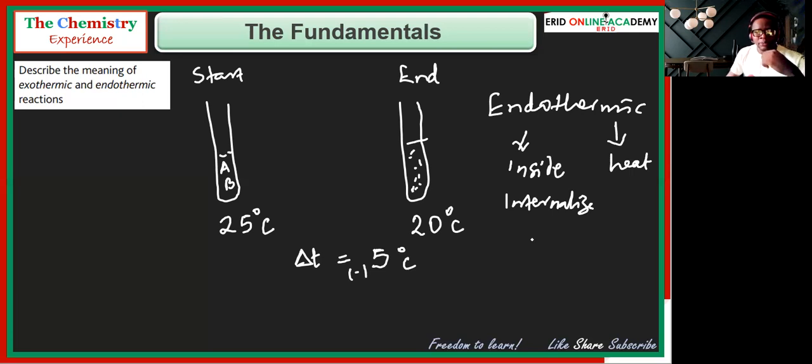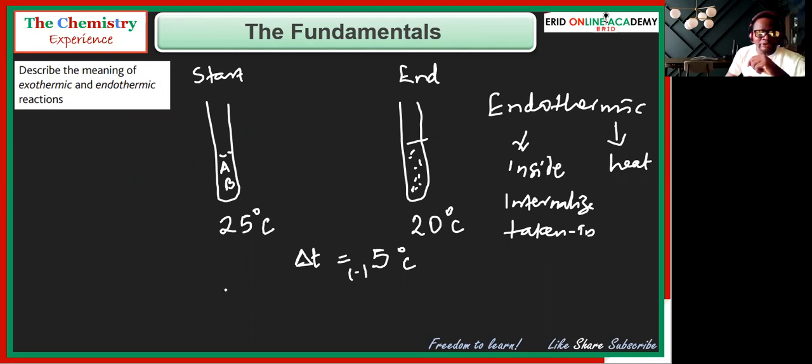So when heat energy is absorbed into something, the heat energy in the surrounding is drawn in, is taken in. The heat energy is taken in. So we'll call this kind of reaction an endothermic reaction.